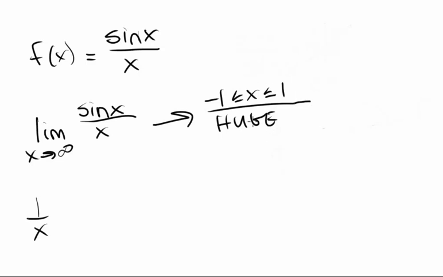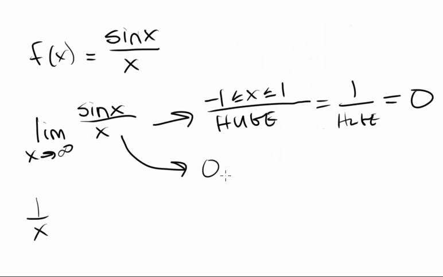Essentially, as this is getting closer and closer to infinity, this is having less and less of an impact on the value. So it ends up being 1 over something huge, which is basically 0. So that means this is equal to 0.